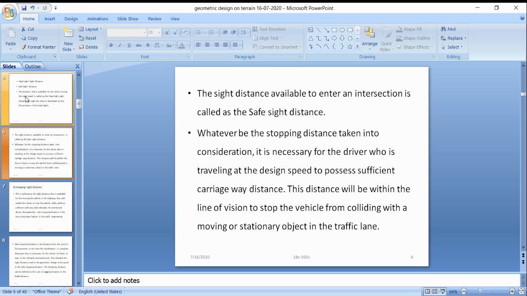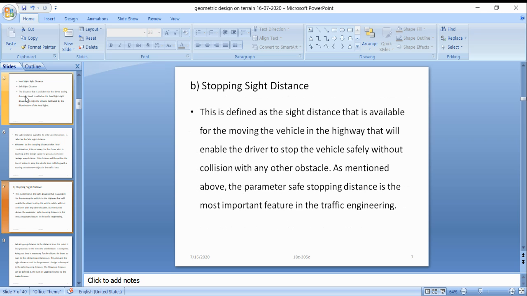At the junction, he doesn't have an idea which vehicle is coming around the turning. So he should have a line of vision to stop the vehicle at that location.